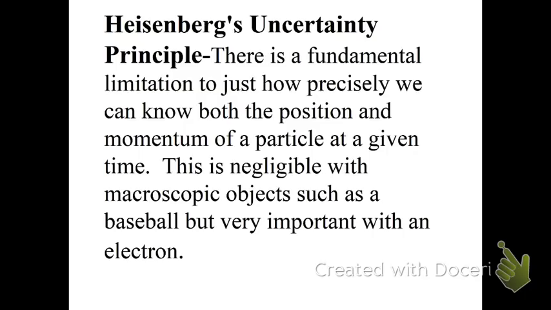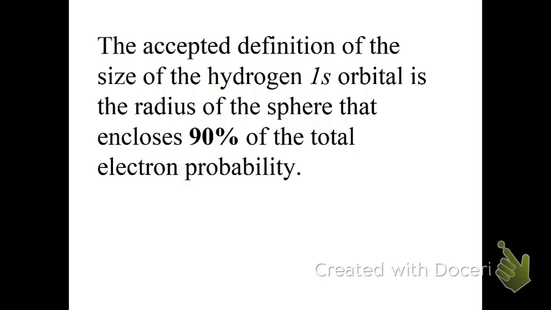A guy by the name of Werner Heisenberg came along, and he gets his name on a principle stating that you can't know both the location or position and the velocity or momentum of a particle at a given time. So the accepted definition of the size of the hydrogen 1s orbital is the radius in which 90% of the electron's probability is to be located.